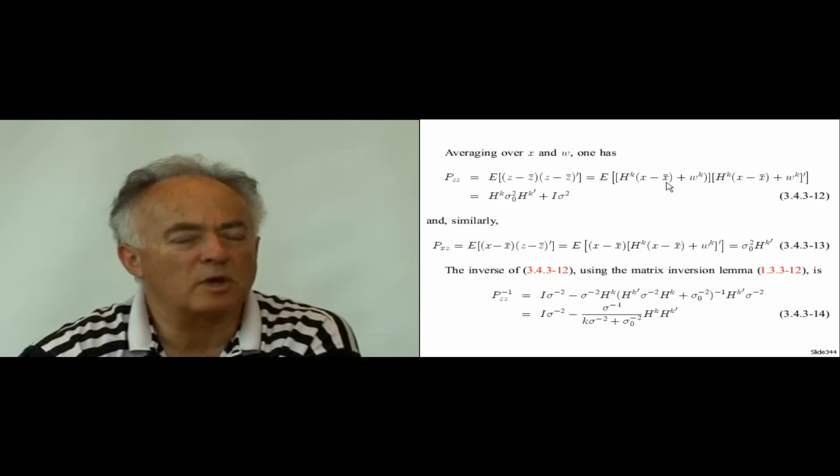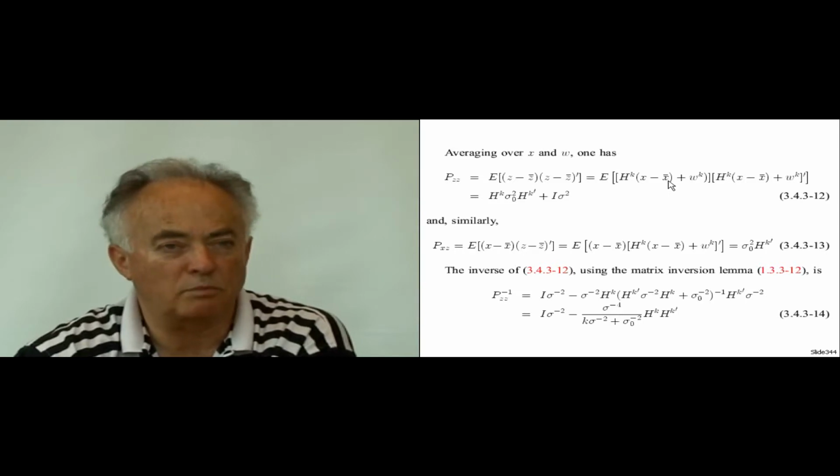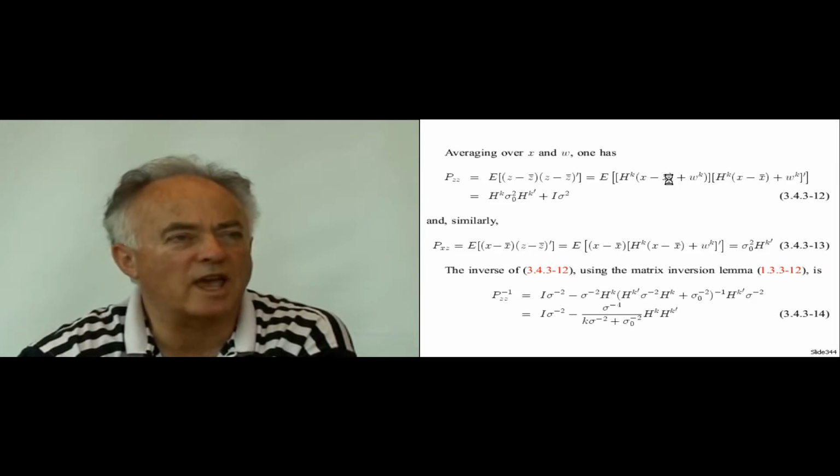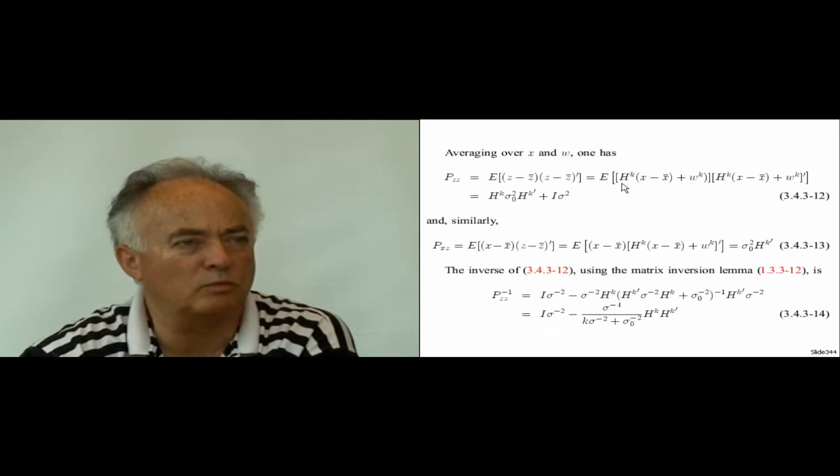Because of the independence between the X, the prior information about X, the prior density of X, and the W's, there will be no cross term, so there is 1 with 1.